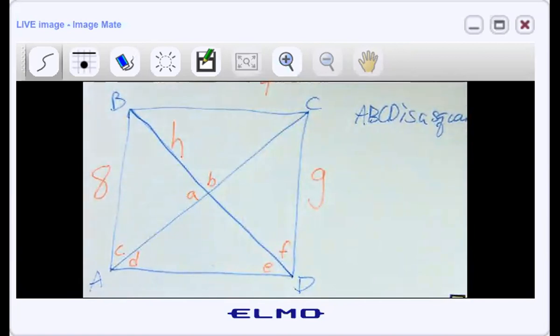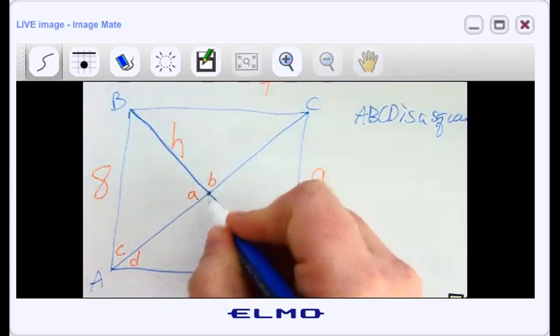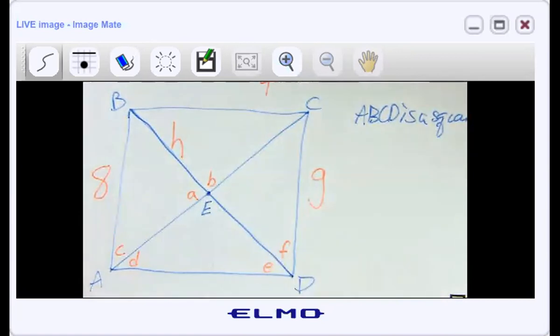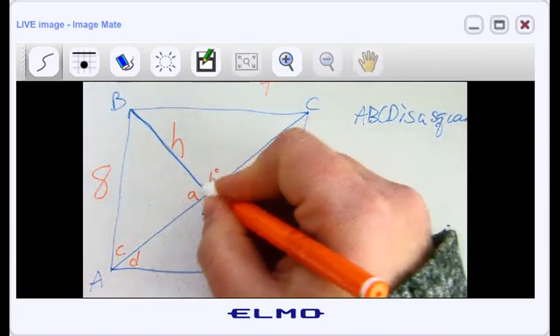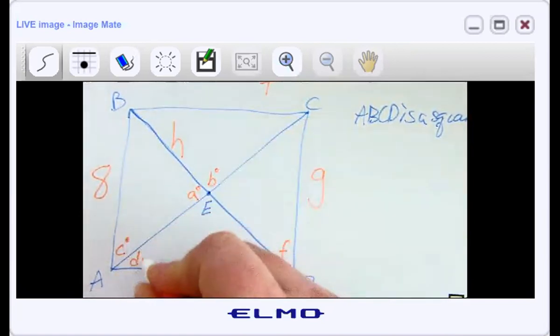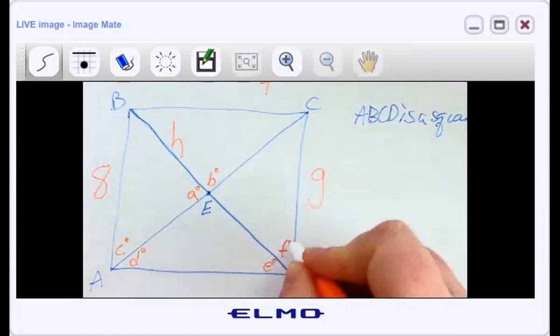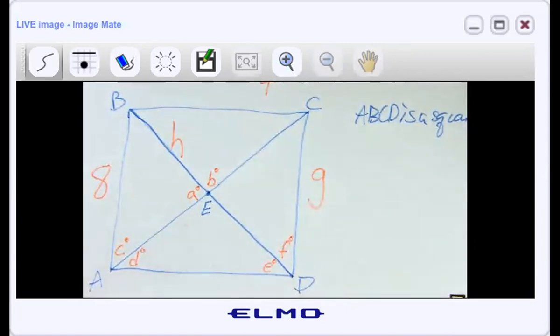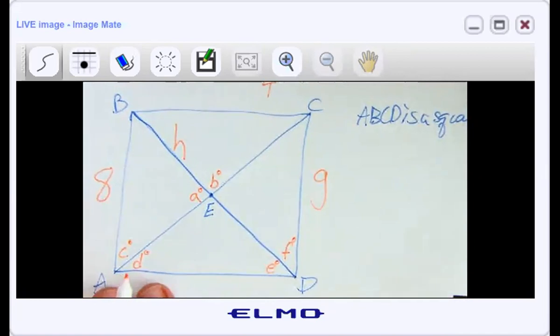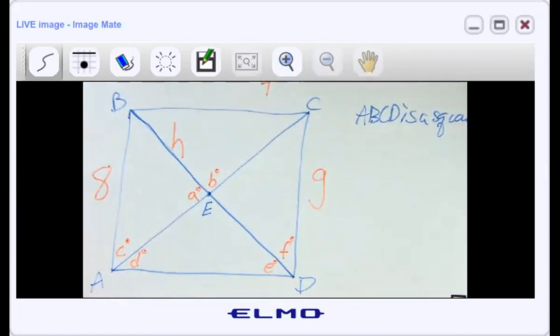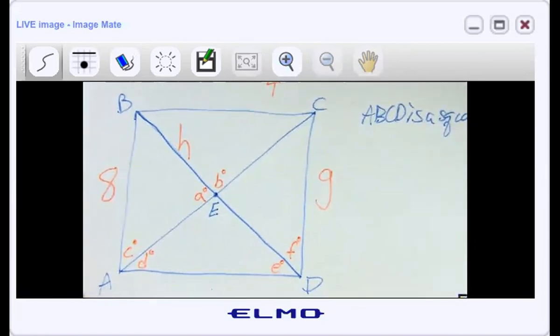So H would be the length of BE again. Oh, how funny. So these ones will all be degrees, and then G and H would be side lengths. H is tough. If you get H, I'm pretty impressed.